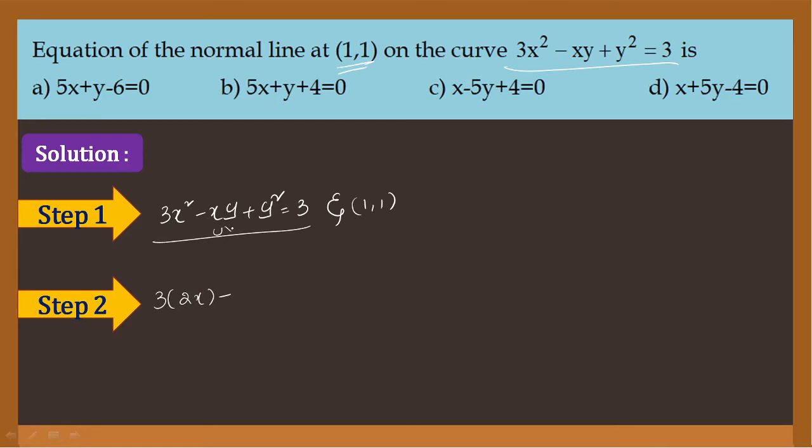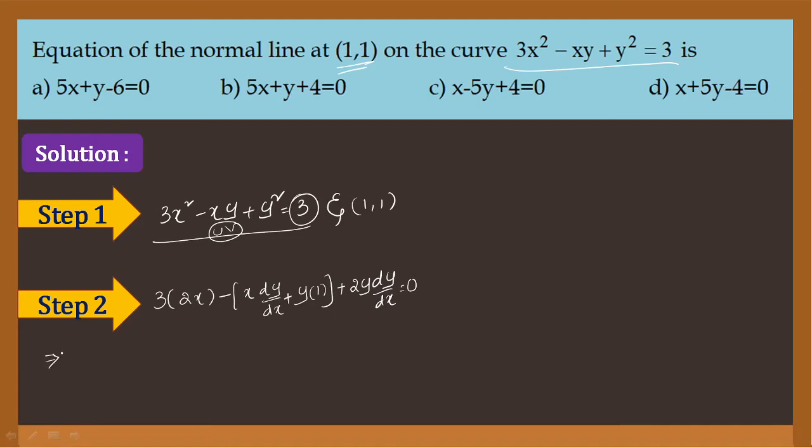It is in the form of uv, so applying the uv rule: x into differentiation of y, which is dy by dx, plus y into differentiation of x, which is 1, plus d by dx of y square, which is 2y into dy by dx, equals d by dx of 3. 3 is a constant, so the differentiation is 0.